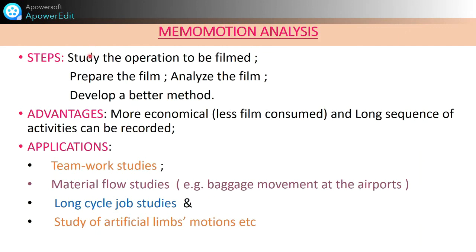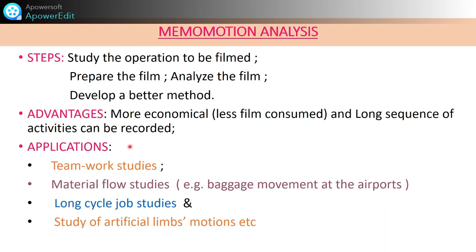What are the steps in this memo motion analysis? We study the operation to be filmed, prepare the film, and analyze the film. It is similar to the micromotion study, but here we are recording at very slow motion. We can use recent technology, it is more economical, less film is consumed, and long sequences of activities can be recorded.